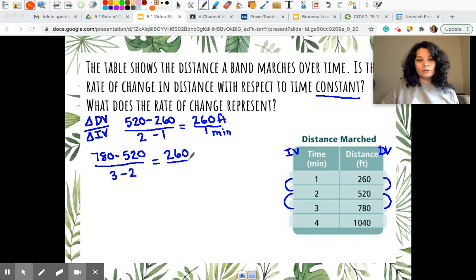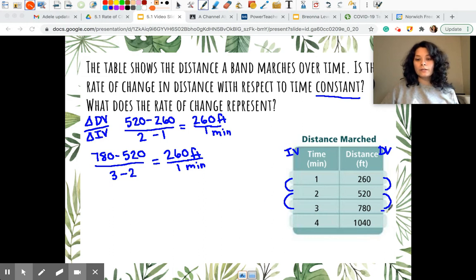And then 3 minus 2 is going to give me 1. So again, this is feet over minute. So far, it's turning out to be constant. I'm getting the same thing. That's what the word constant means. It's constantly the same answer.